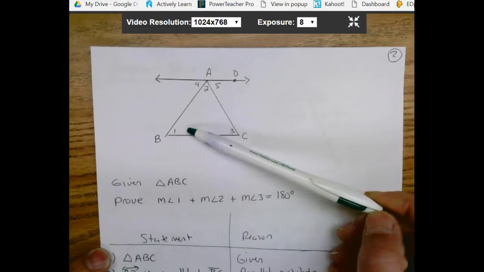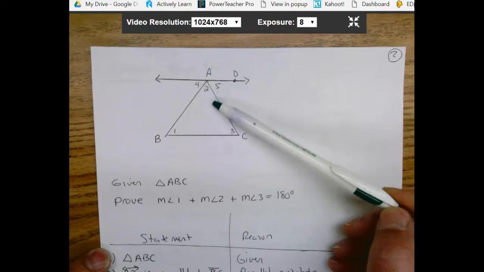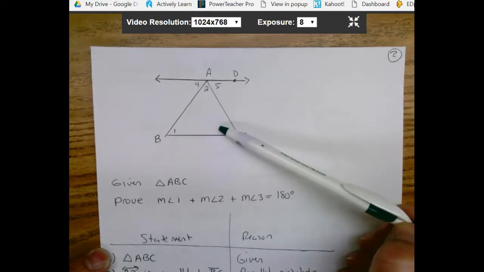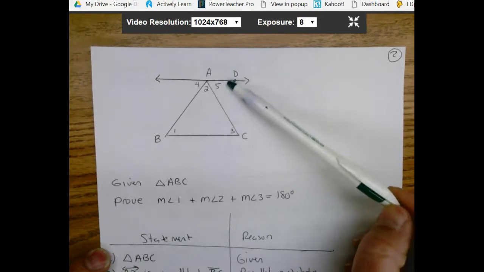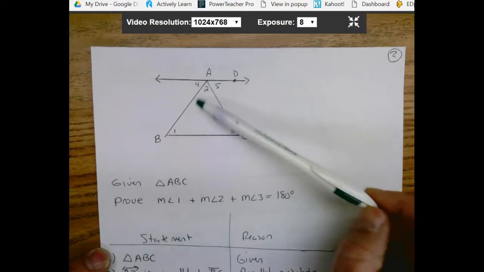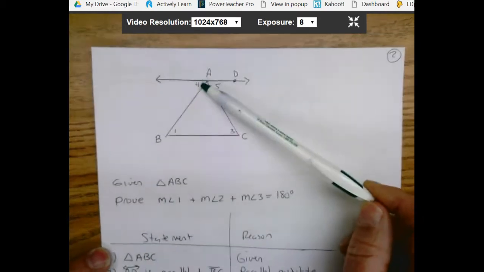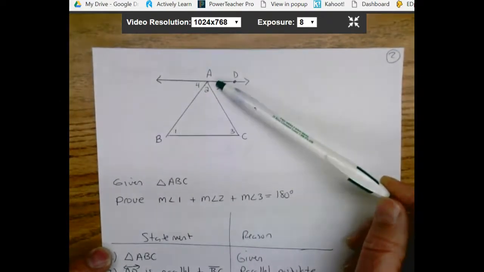And for 5, the alternate interior angle is angle 3. The interior is the inside one; 4 is outside, 1 is inside. So according to that theorem, angle 4 and angle 1 are congruent, and angle 5 and angle 3 are congruent.